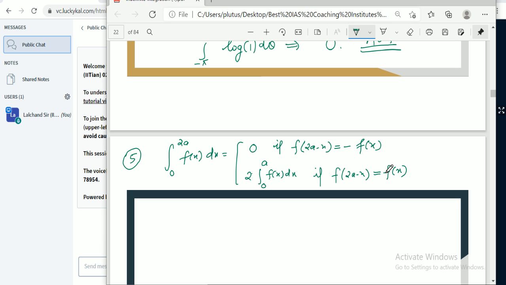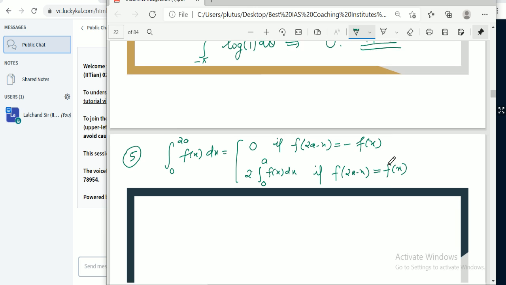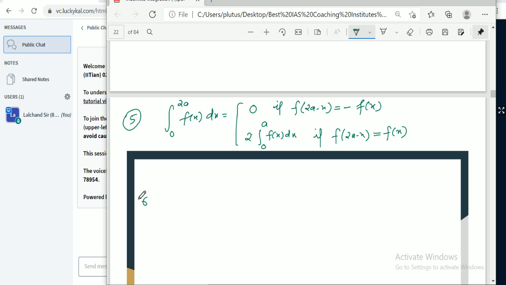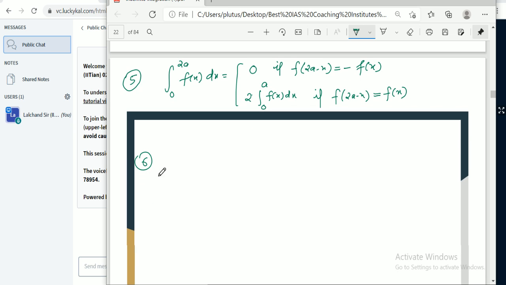So is there any doubt? And there is a similar property for even and odd functions too. If this integral is from minus a to plus a of f(x) dx, we can break this integral as minus a to 0 of f(x) dx plus 0 to a of f(x) dx.